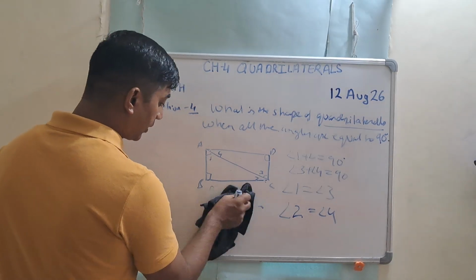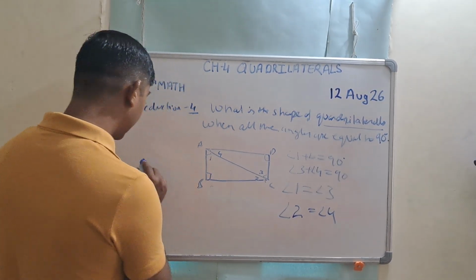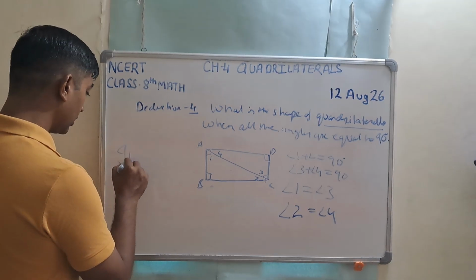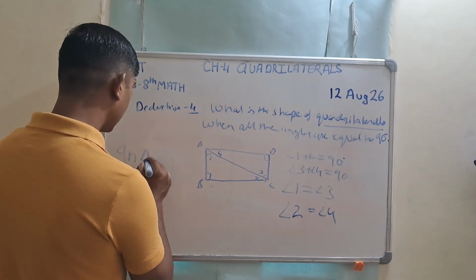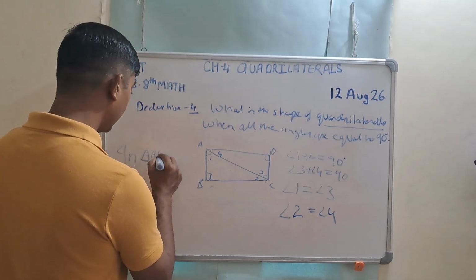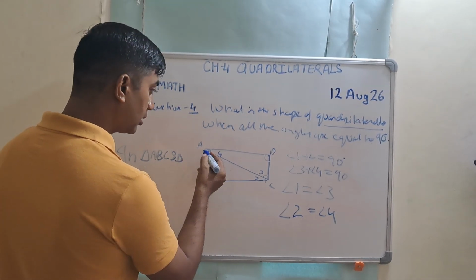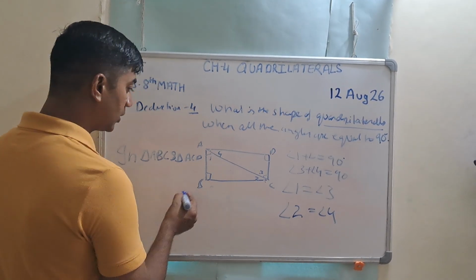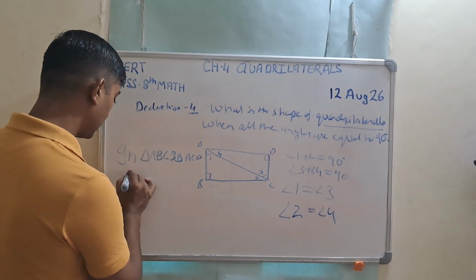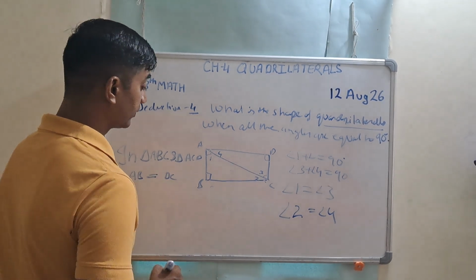By corresponding parts of congruent triangles, we say that if in triangle ABC and triangle ACD, we conclude that AB is equal to DC. Understood?